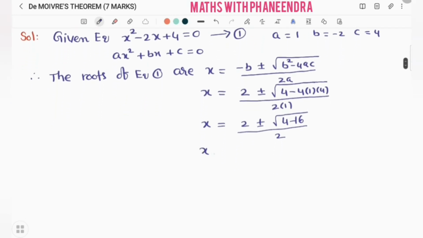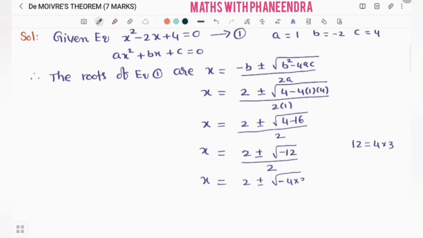So x is equal to 2 plus or minus root minus 12 divided by 2. 12 can be written as 4 into 3. 4 we can take outside of the root. It will become 2 plus or minus root of 4 into 3 divided by 2.